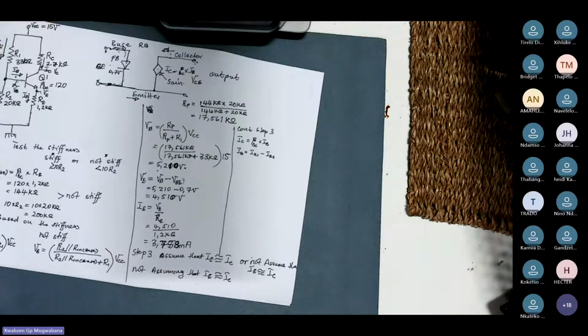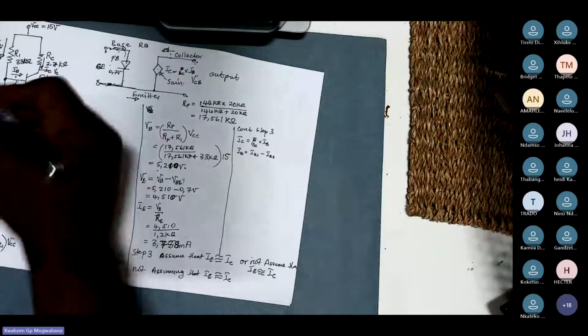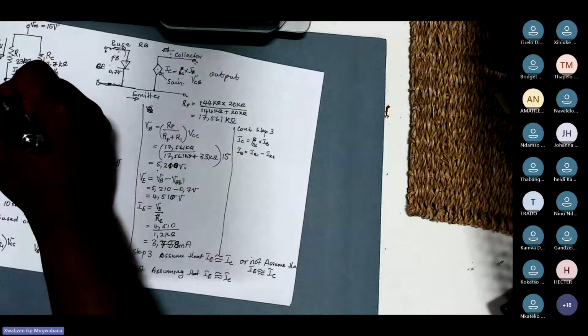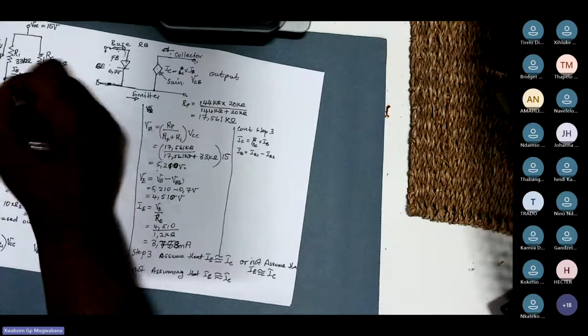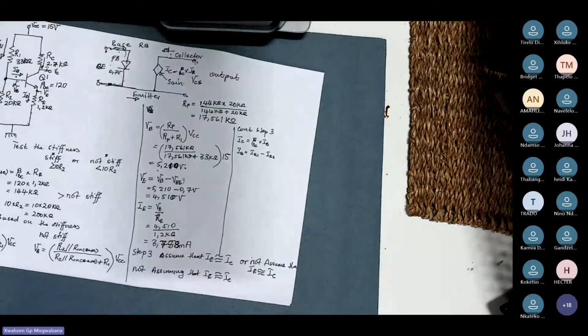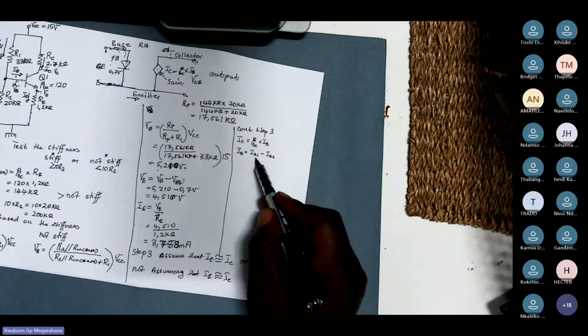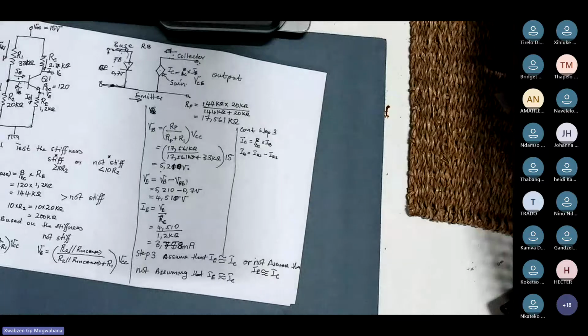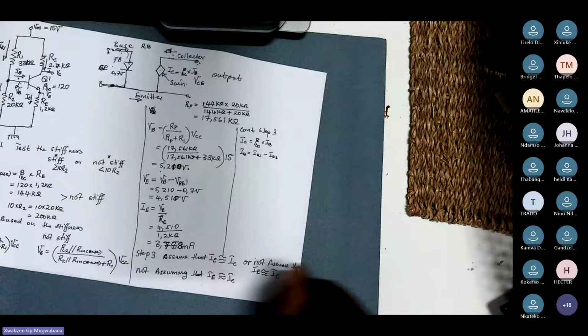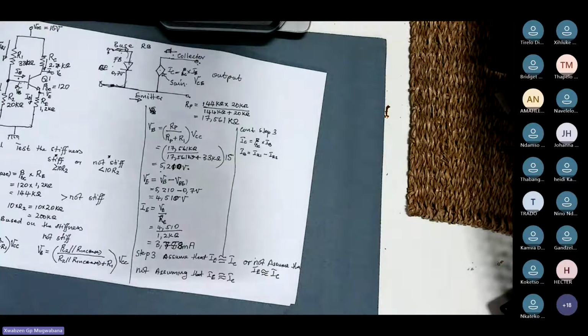The current entering the junction equals the sum of the currents leaving the junction, which is the current going into IR2 and the current going into the base. After manipulating this configuration, it leads me to IB equals IR1 minus IR2. I've determined IB, and that only applies when I don't assume that IE is equivalent to IC.